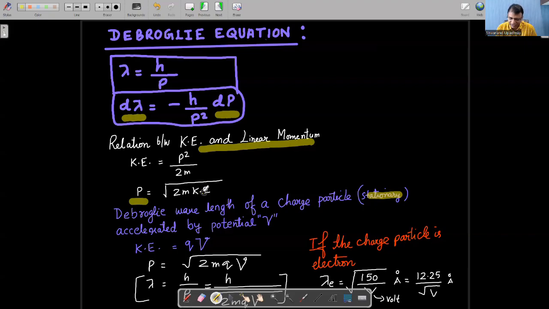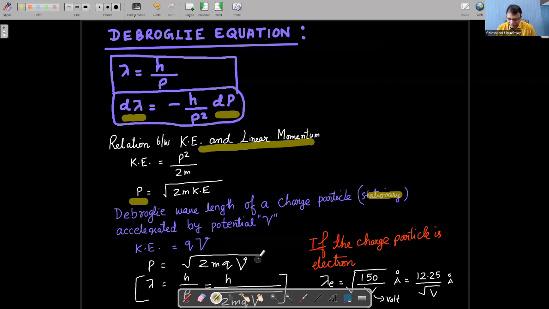So in place of kinetic energy, we write kinetic energy is equal to Q into V. And since we are assuming kinetic energy as positive, we have taken the positive sign of Q. So linear momentum, now I can write, is under root of 2 into m into Q into V.